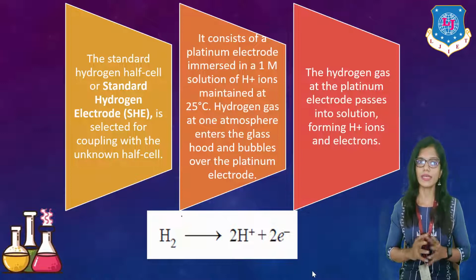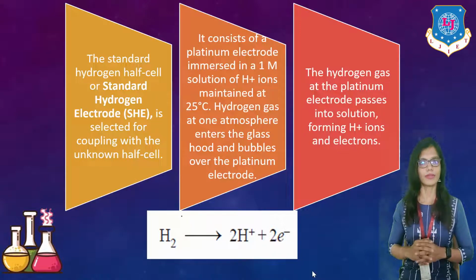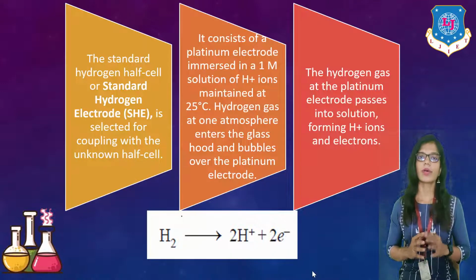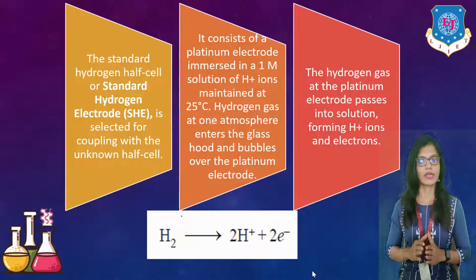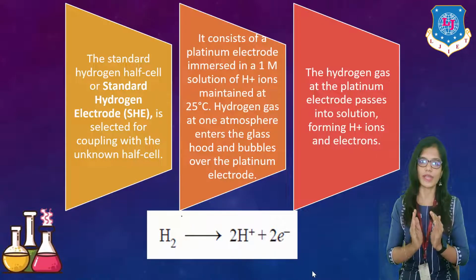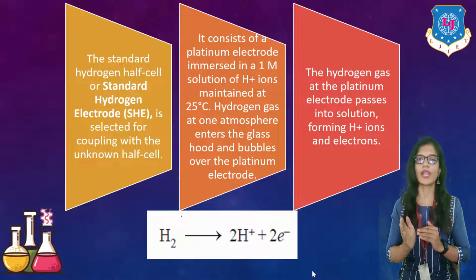Let's see which reaction occurs at that point: H2 gives 2H plus plus 2 electrons. This reaction occurs at the platinum electrode surrounded with H2 gas, where 2 electrons are released and 2 hydrogen ions are formed.